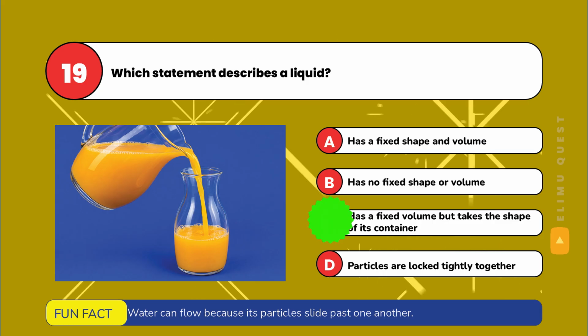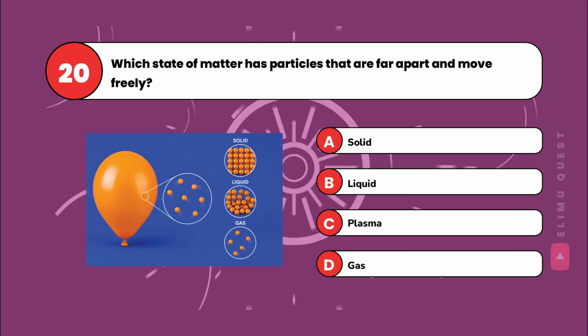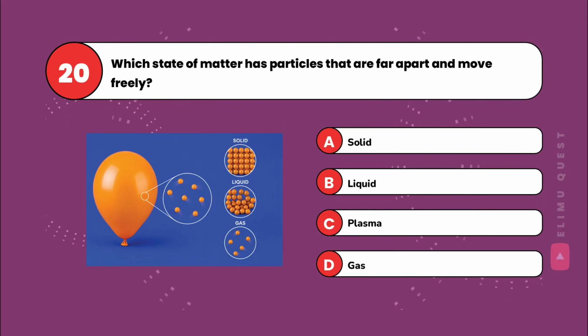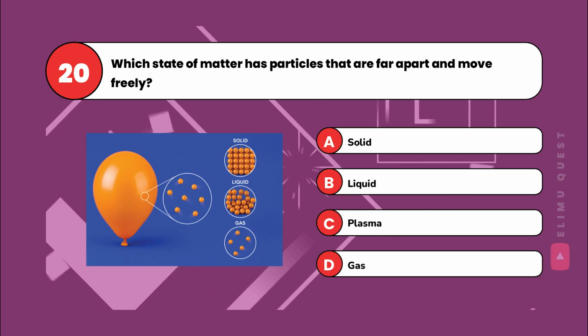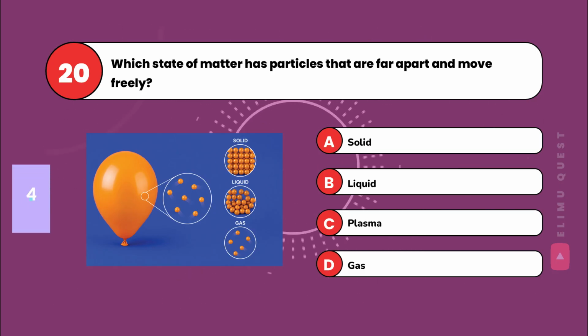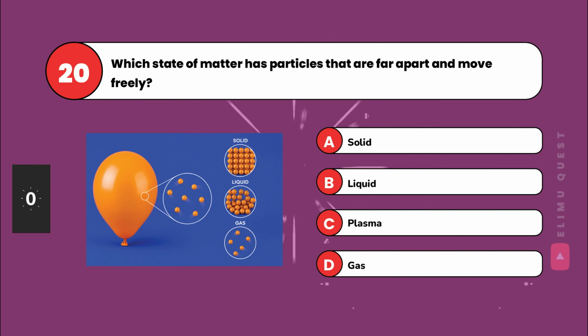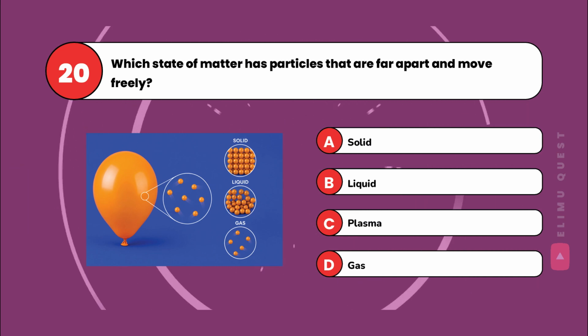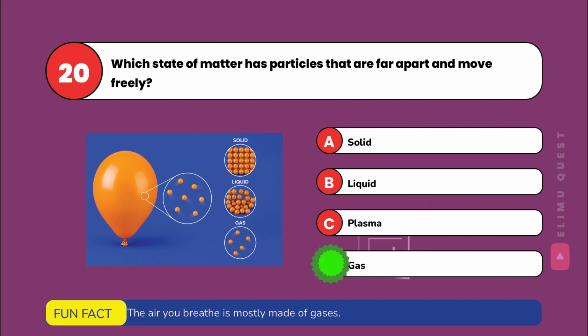Liquids keep their volume but change shape to fit the container. Which state of matter has particles that are far apart and move freely? Gas particles move freely and spread out to fill any space.